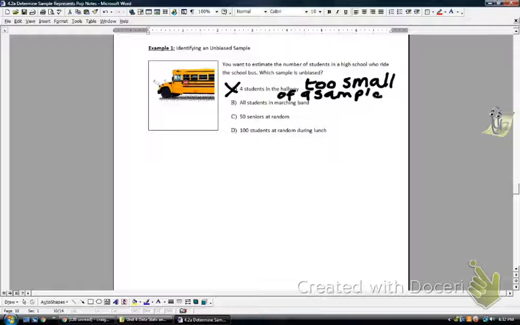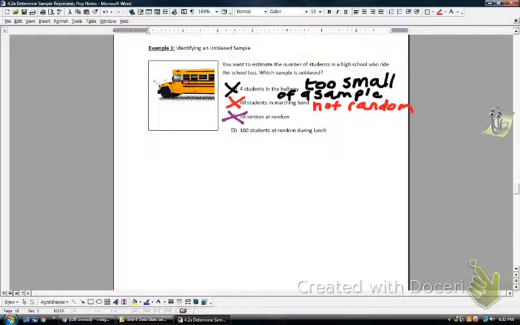Let's look at letter B. Letter B says all students in the marching band. That is not a good sample because it's not random. That would be favoring one group, so it's not representative of the entire population. Then let's look at letter C, 50 seniors at random.